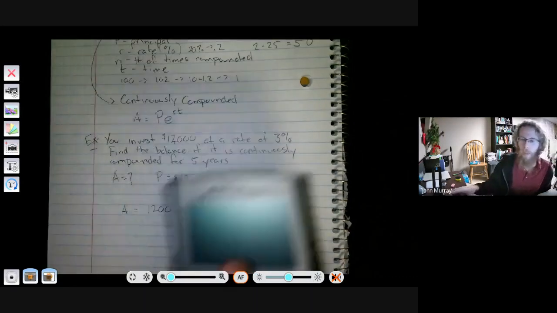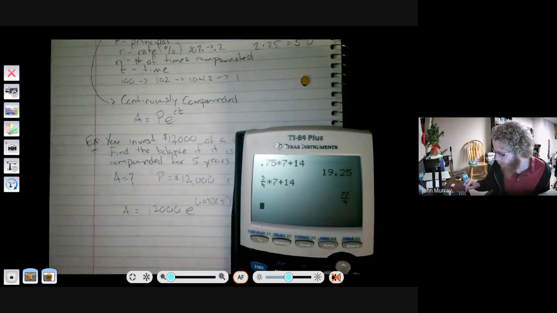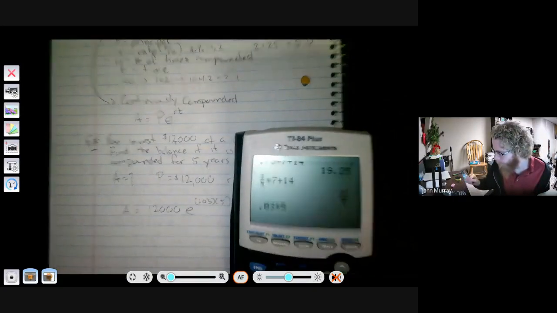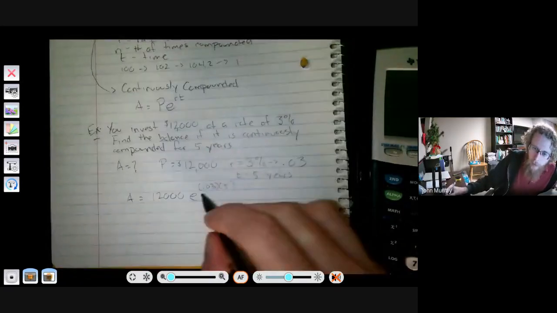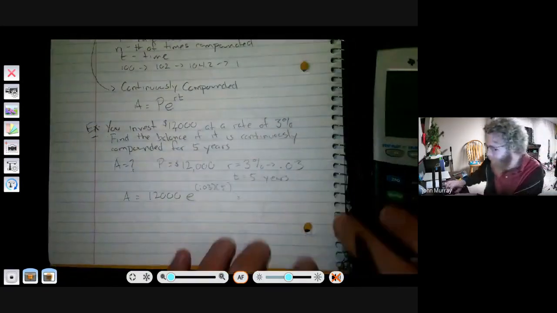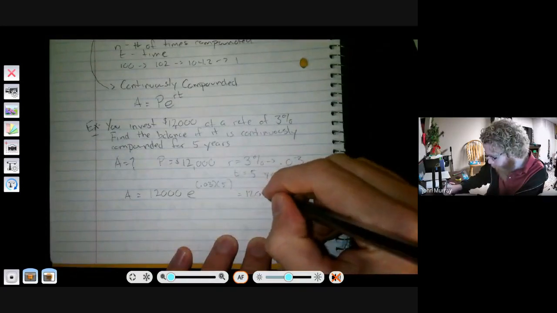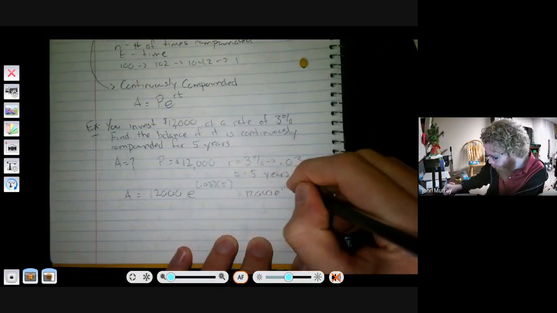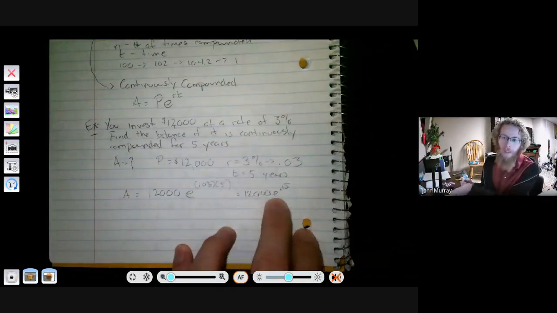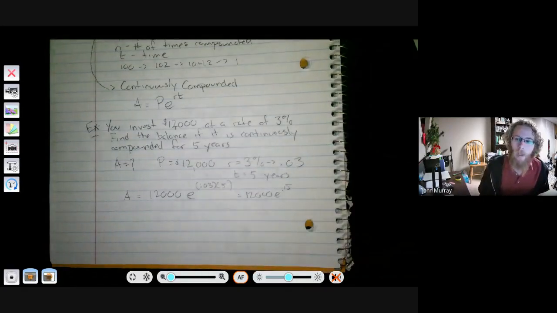So we're going to do 0.03 times 5. That gives me 0.15. All right, so I'm going to write it over here: 12,000e to the 0.15.